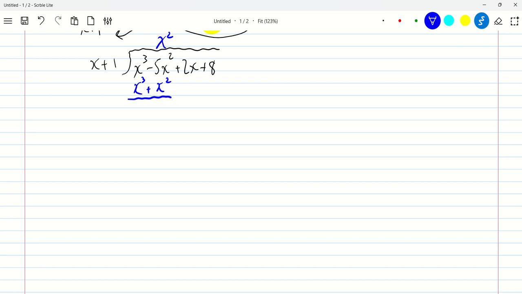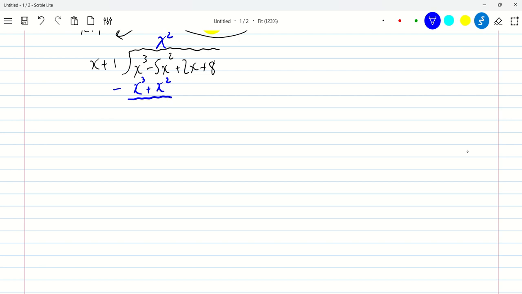Now the reason we've done that is because we want this and this to cancel out when we subtract them. That's why we figured out what we need to multiply x by to make x cubed, because we want those things to cancel out. So that's why we chose x squared. So now we subtract them. Let's do it one thing at a time.